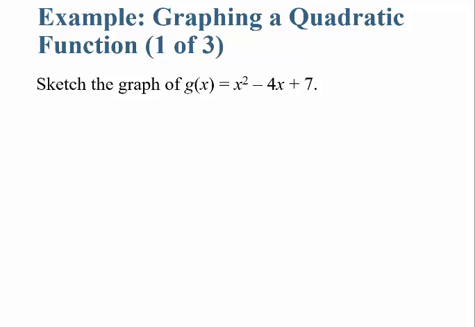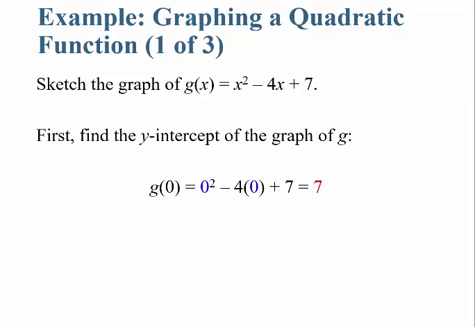Let's do an example. Sketch the graph of g(x) equals x squared minus 4x plus 7. The first thing you're always going to do, the easiest thing to do, is find the y-intercept of the graph. To find the y-intercept, you set x equal to 0, plug it in, and you see that the y-intercept is just 7. So the y-intercept is the point (0, 7).